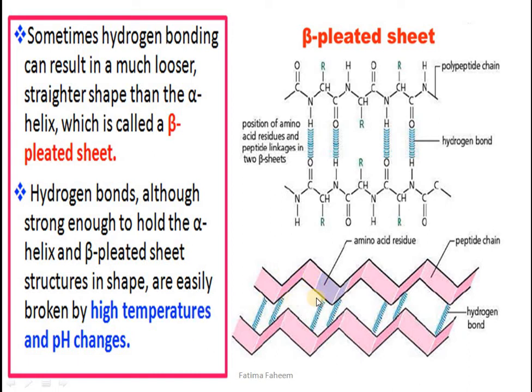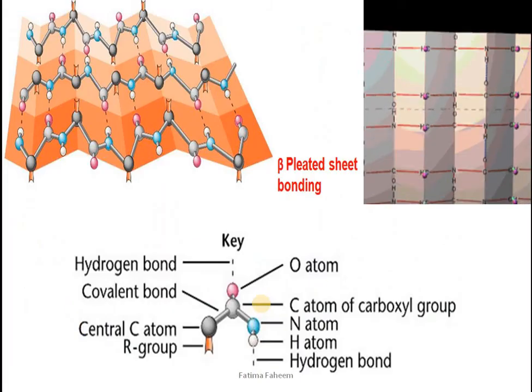So the amino acids in alpha helix and beta pleated sheets are held together by hydrogen bonds which are strong enough to keep them in shape, but with an increase in temperature and pH they can easily be broken down, leading to denaturation of proteins.